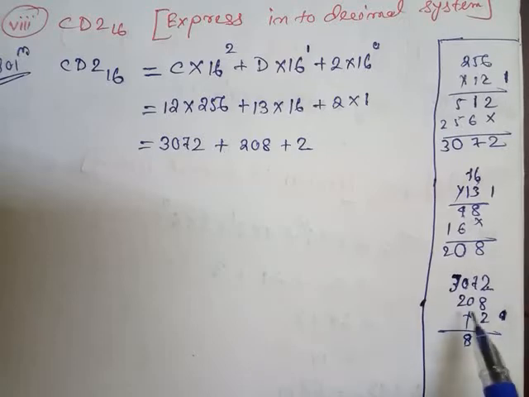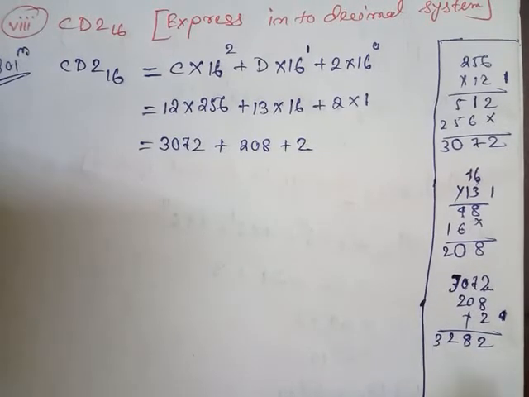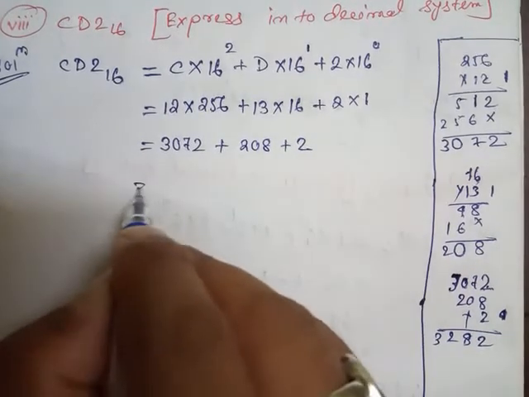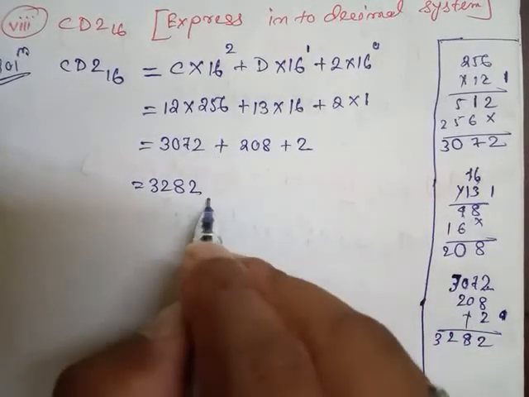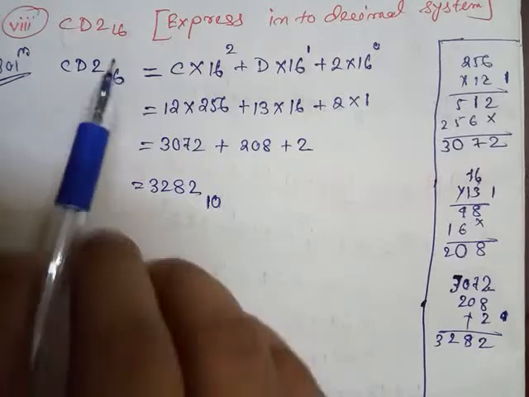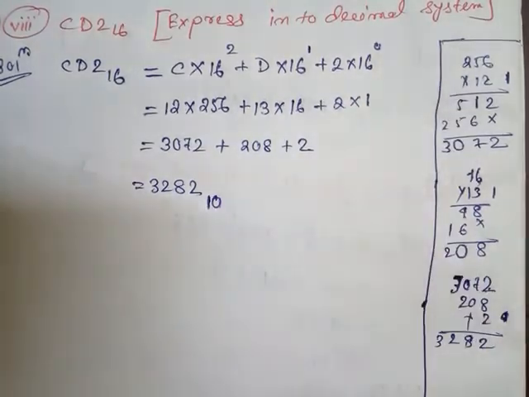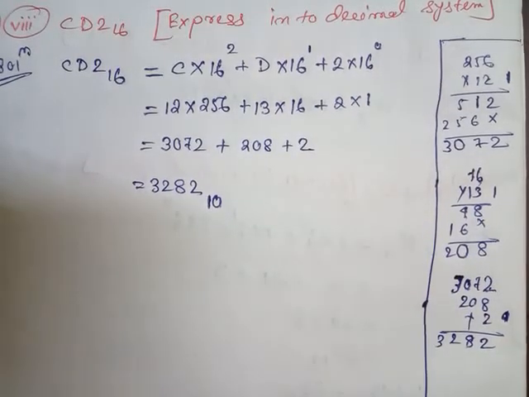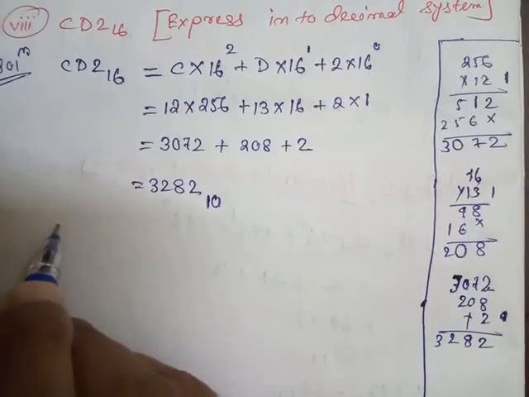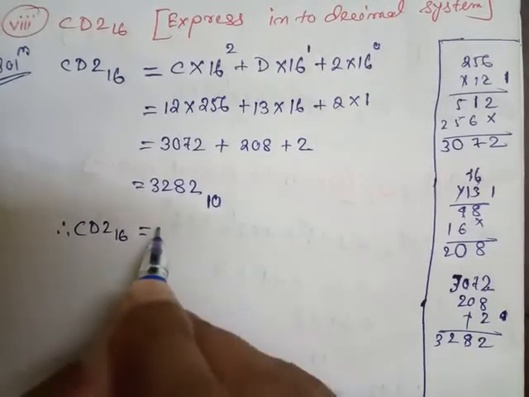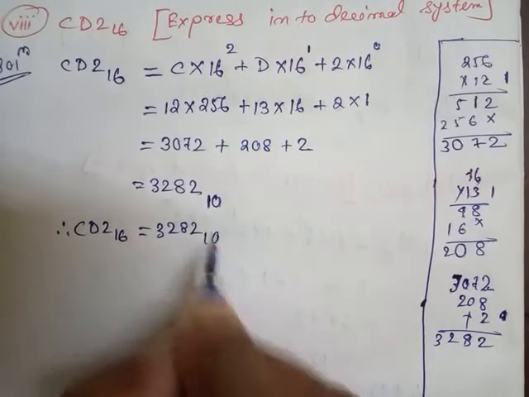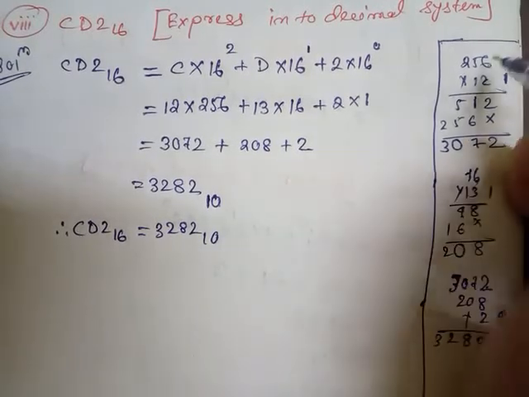Then 2 and 3, 3282. And here I will write base 10, because the conversion to the decimal system means base 10. So in the last line this will be, therefore CD2 base 16 equals 3282 base 10. This is our answer. This is the rough part.